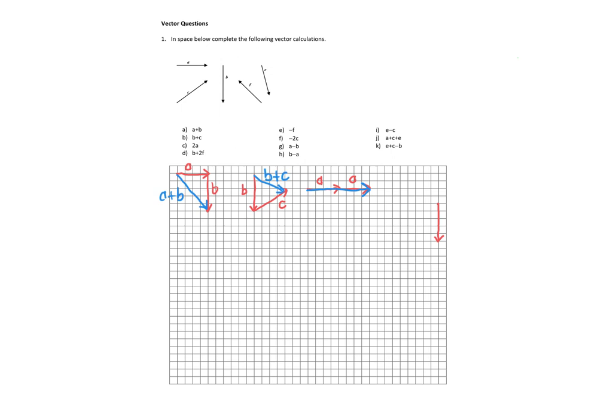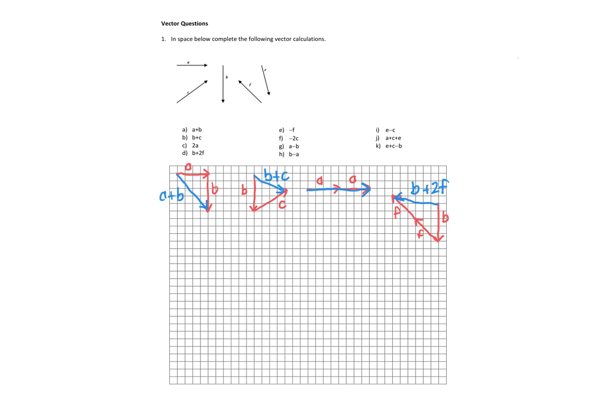So there's B, and then we have F, and then we've got 2F, so twice the length, like that. And then the total starts from the tail of B and goes to the tip there. So that becomes B plus 2F.